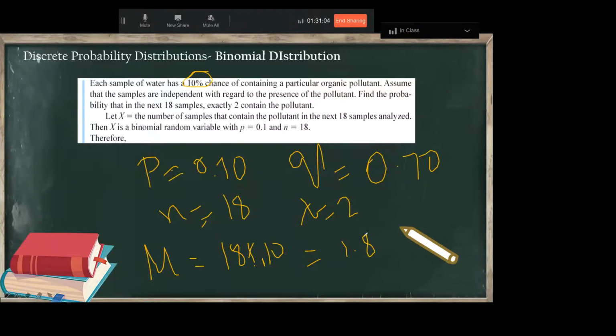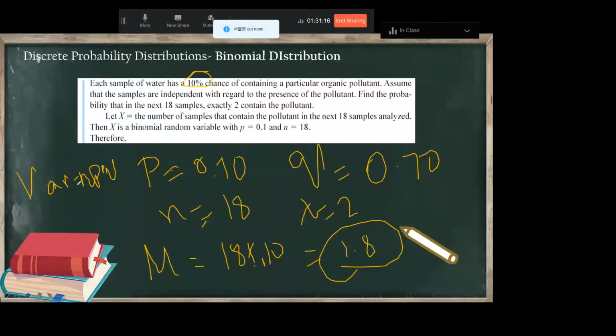Yeah, 1.8. So that's the mean. And variance is npq. So what is the variance? It is 18 times 0.10 times 0.90. If you solve it, can you tell me what the answer is?